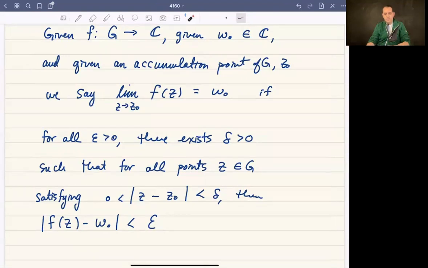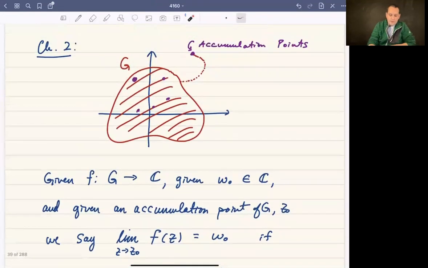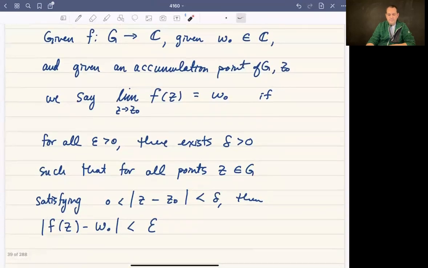There's this property that holds, but we only care about that property for the points that are within a delta of our accumulation point that we're taking a limit of. Okay, so we don't care about what happens for any other points. We only care about what happens for those points that are in G within a distance of delta from our accumulation point. So that's the first subtlety.